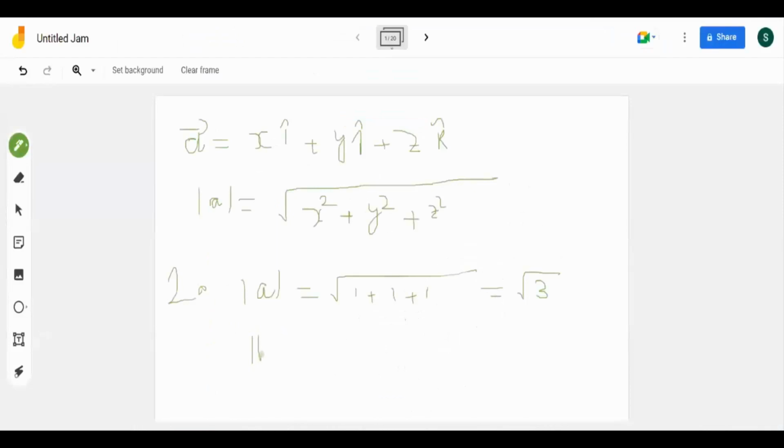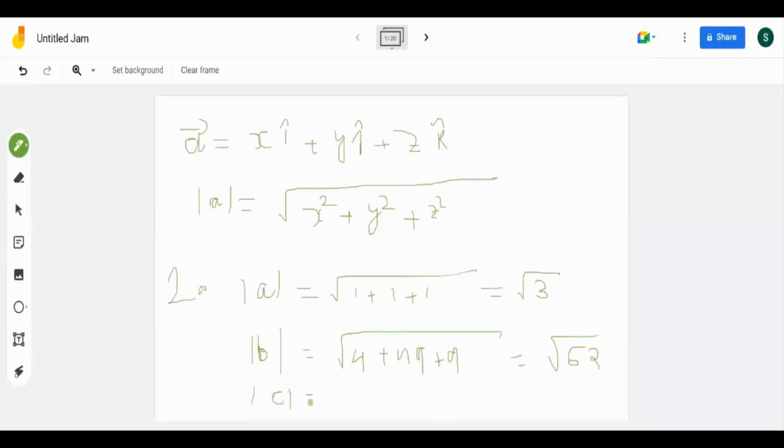So mod B implies 2 square is 4, minus 7 square is 49, 3 square is 9. So 9 plus 4 is 13, plus 49 is 62. This is root 62.